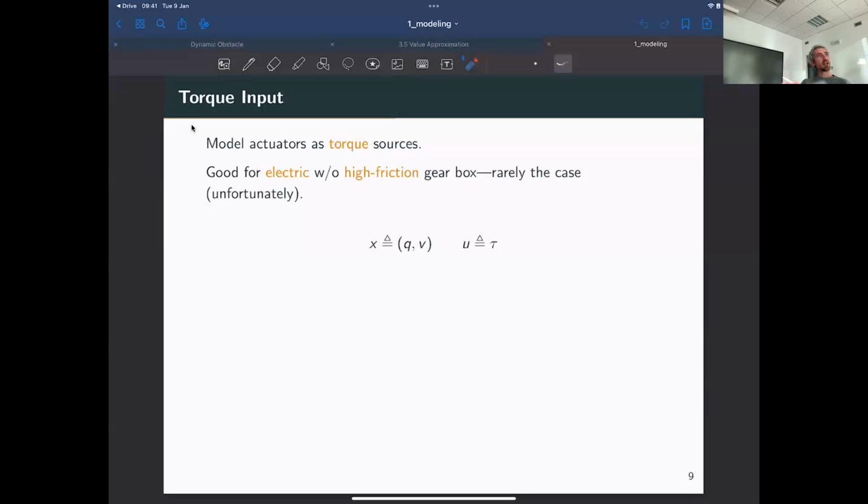And when you have that kind of high friction, then it becomes very hard to control the torque at the joint of your robot. Because even if you apply a torque at the motor, that torque is going to be detracted from the friction torque. So if the torque is smaller than the friction torque, you have no motion at all.